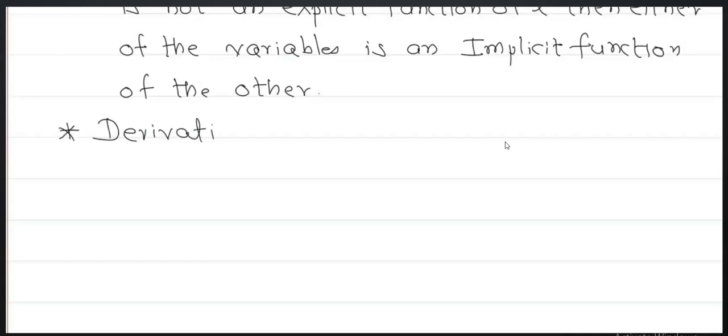That is, one variable cannot be expressed in terms of the other variable. Now the derivative of implicit functions.